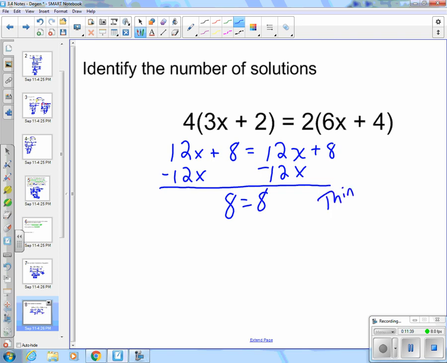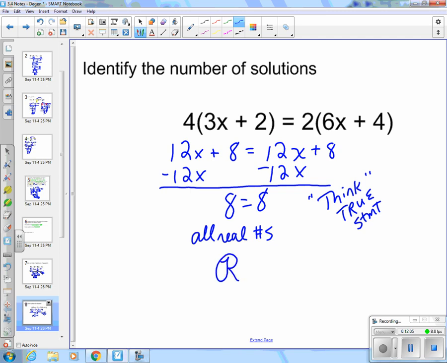I hope that you are thinking this is a true statement. And since it's a true statement, all real numbers will work for this problem. I can put any number I want in for x and I will always have a true statement because the variables drop out and the numbers that are left are equal to each other.